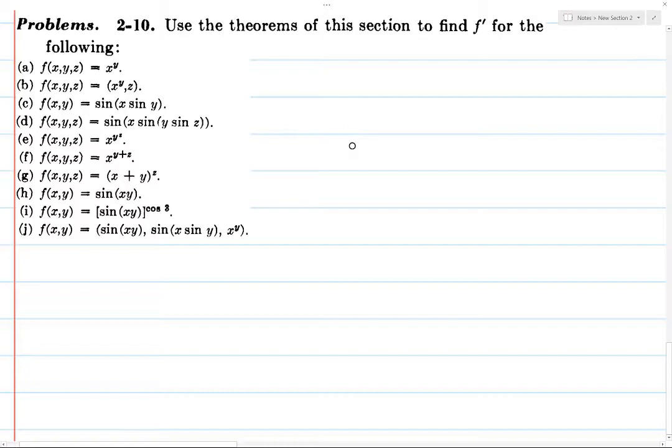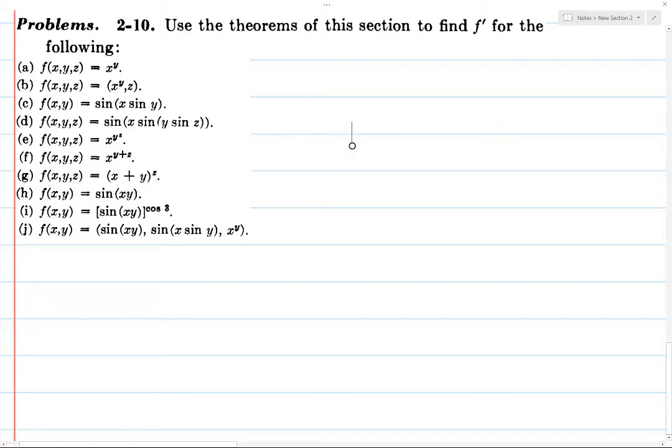So what we're doing here is we have to solve these problems in weird ways. Maybe if you've taken a multivariable calculus course before, or if you've looked ahead at all in this section, then you know how these problems usually go.